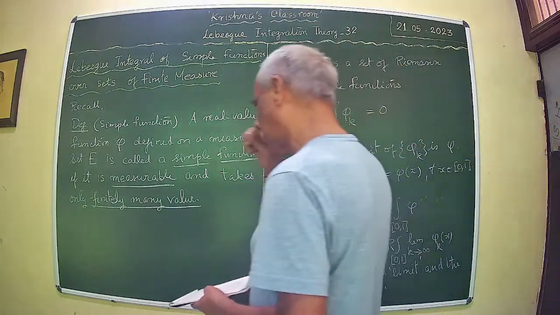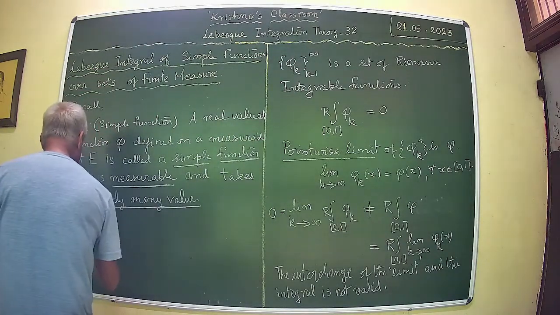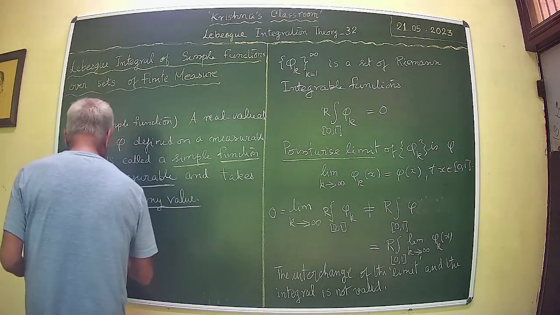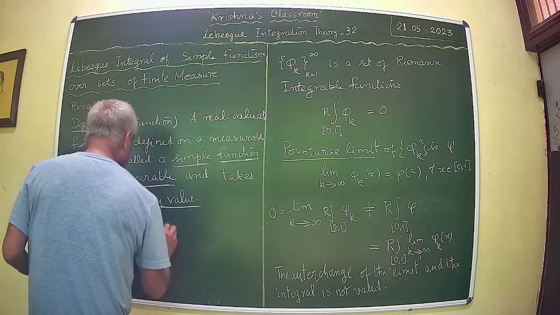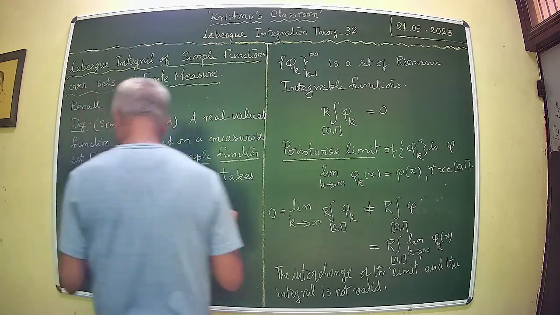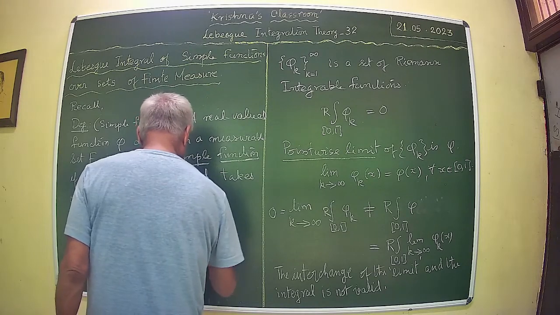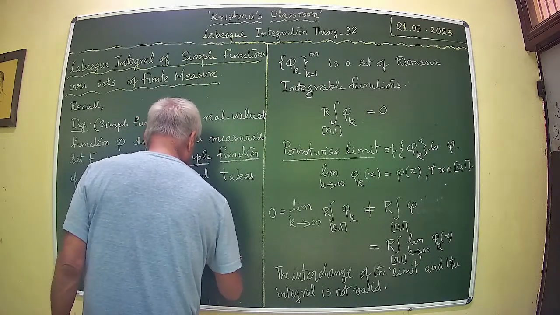Okay. So let a1, a2, ..., an be n distinct real numbers.